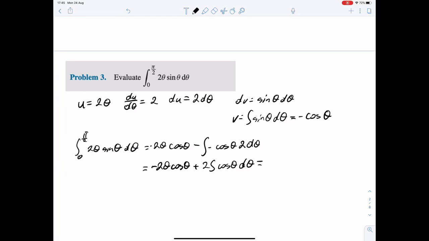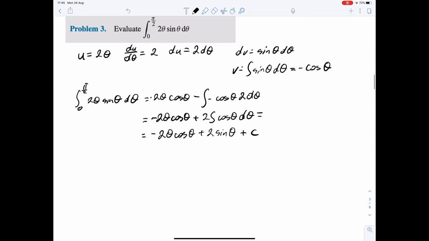So now I can simplify this fully to get minus 2 theta cos theta plus 2 sine theta and plus c. So that's my indefinite integral, but obviously I have to evaluate this between 0 and pi over 2.